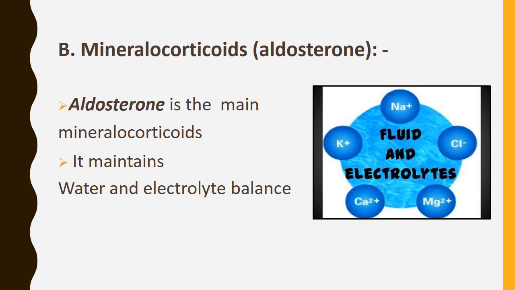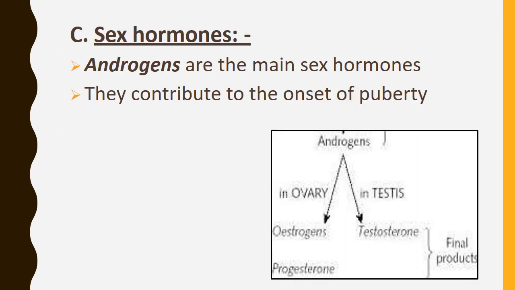Now the second hormone, the mineralocorticoids, or we can say aldosterone. Aldosterone is the main mineralocorticoid and it maintains the water and electrolyte balance in our body. Third one is the sex hormones, or androgens. Androgens are the main sex hormones.